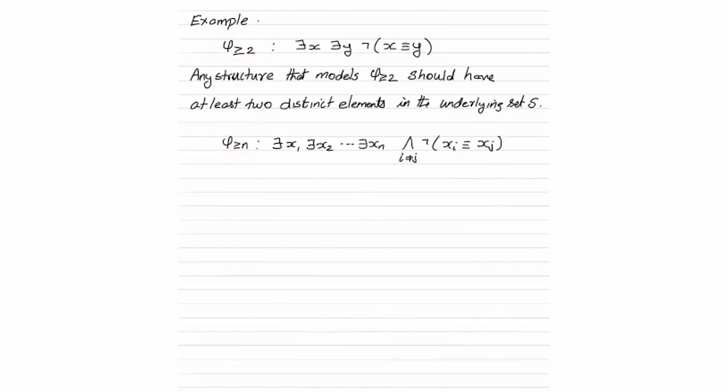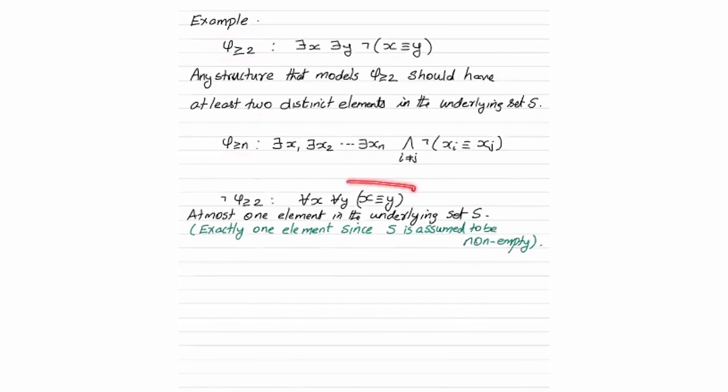Okay. What about this formula? It says for all x, for all y, x and y are the same. It's the negation of this formula here. This says that there is at most one element in the underlying set, and we assume that the underlying set is not empty. So this basically says that there's exactly one element in the underlying set.